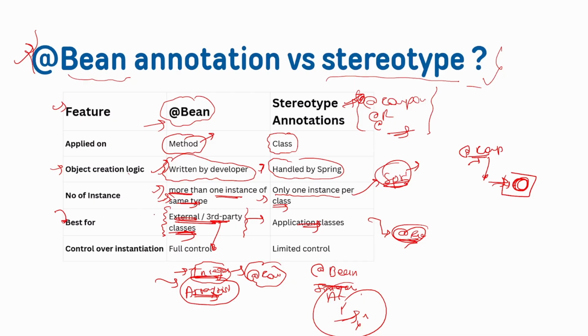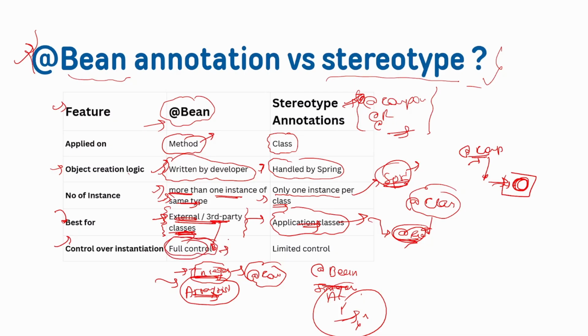So which one is best? The bean annotation is best for external or third-party classes, and the stereotype annotation is best for application classes that are defined in our project, because we can go to that class and simply mark it with a stereotype annotation, and Spring will create the instance of that object and add it to the Spring context. Using the bean annotation, we have full control over the instantiation of our object.